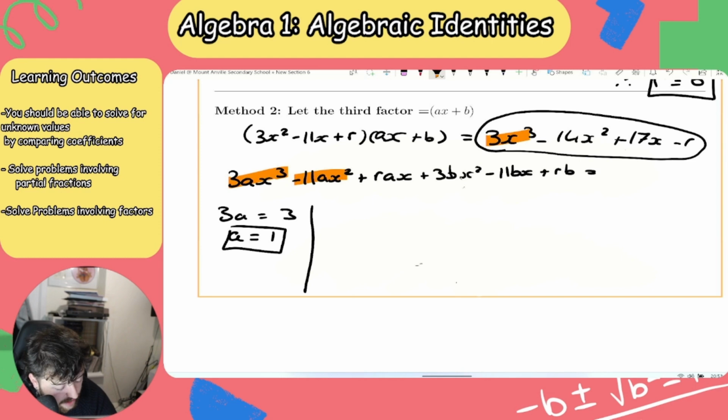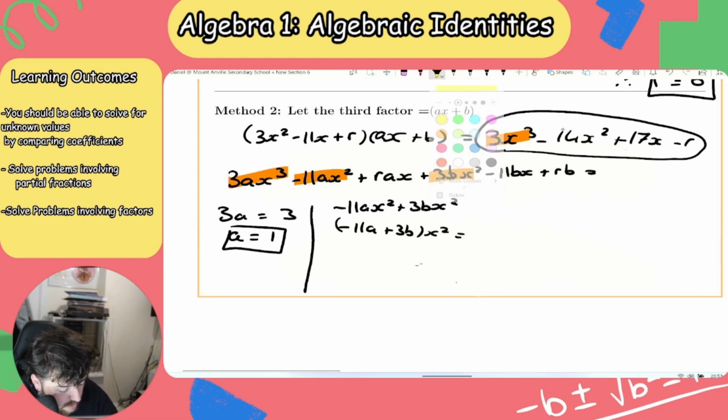So I have minus 11ax squared plus 3bx squared. Take out my x squared: minus 11a plus 3b, x squared. That has to equal minus 14x squared. So therefore, minus 11a plus 3b has to equal minus 14. Well, look, I know what a is.